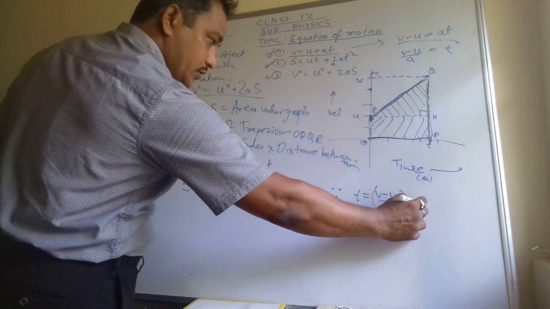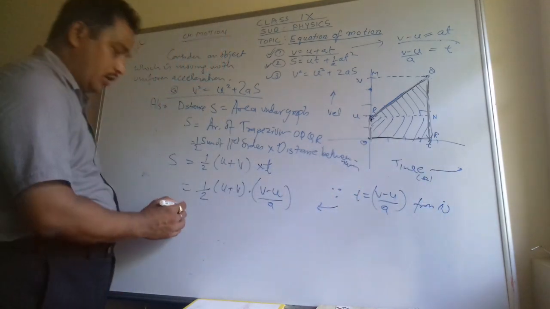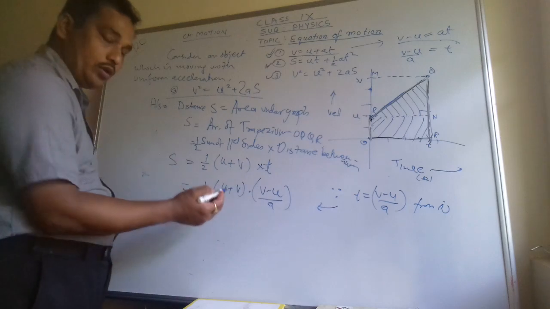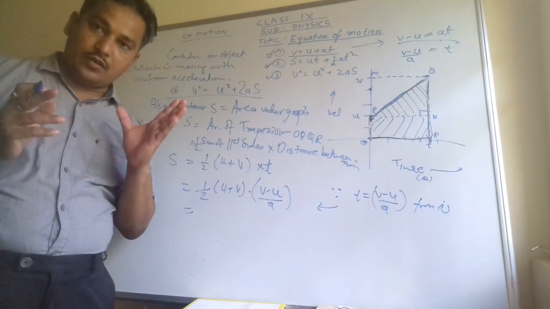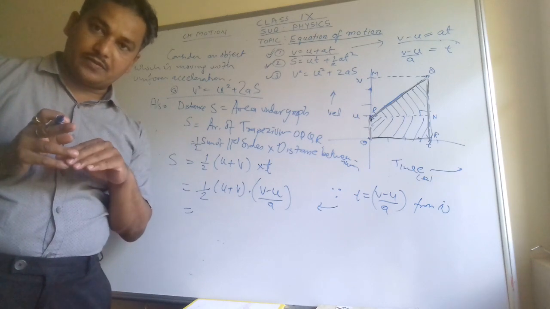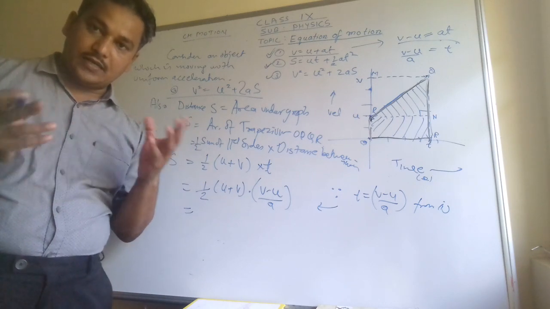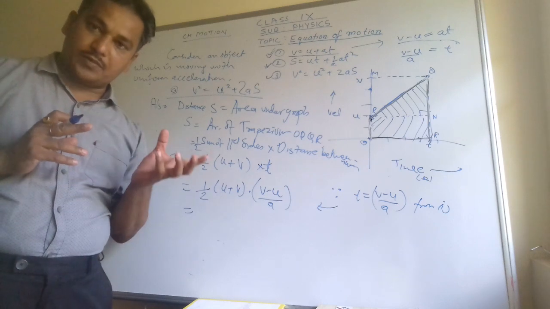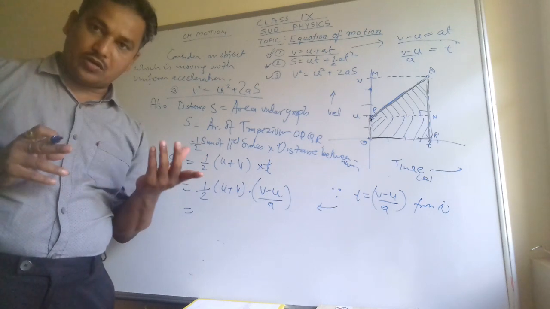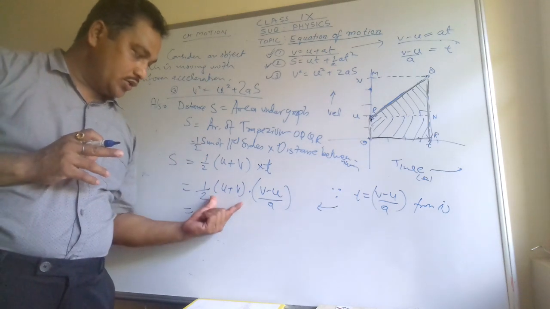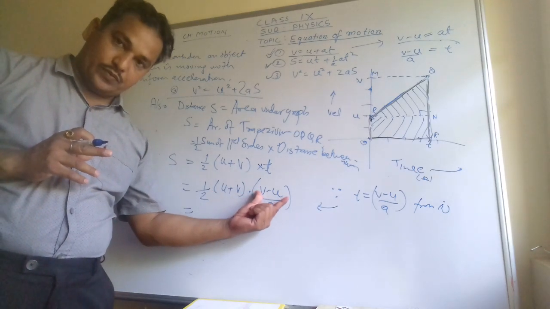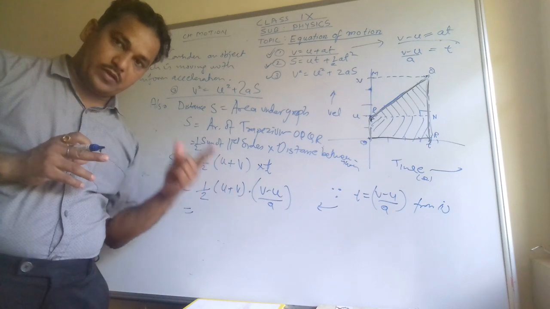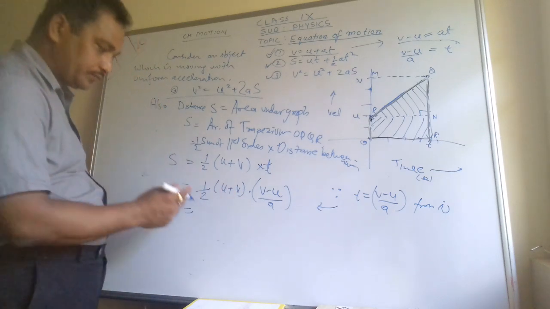Now all of you know the identity in mathematics: a plus b into a minus b is a square minus b square, or x plus y into x minus y is x square minus y square. Similarly, u plus v multiplied by v minus u, so v minus u into v plus u will become v square minus u square.